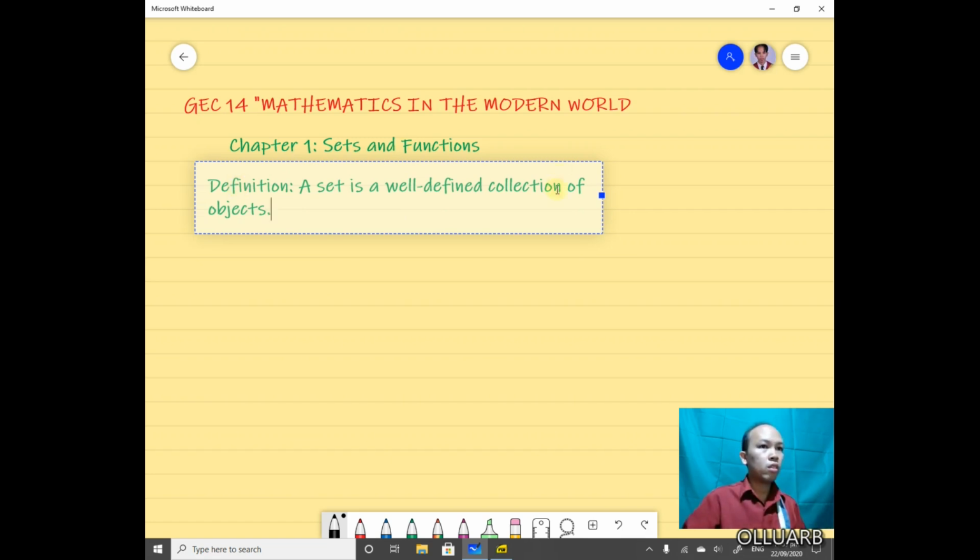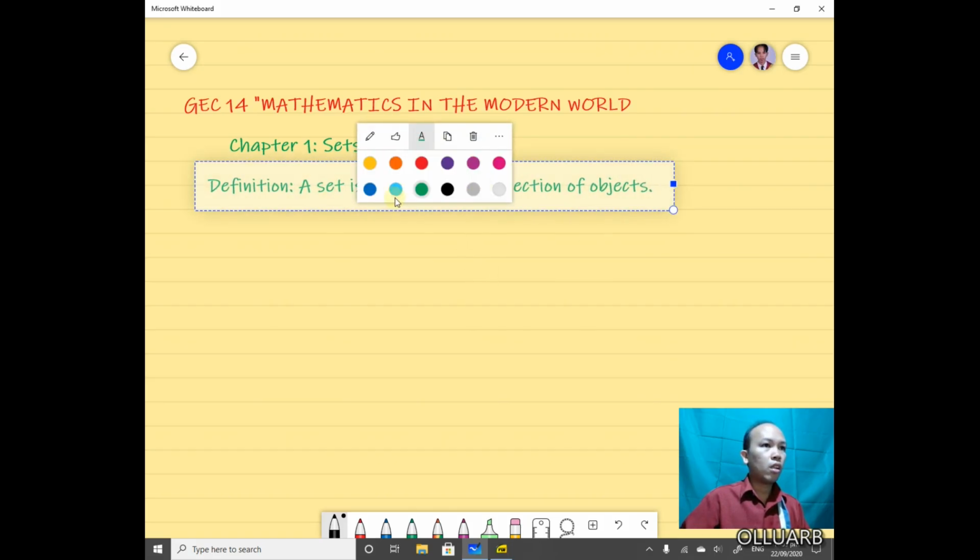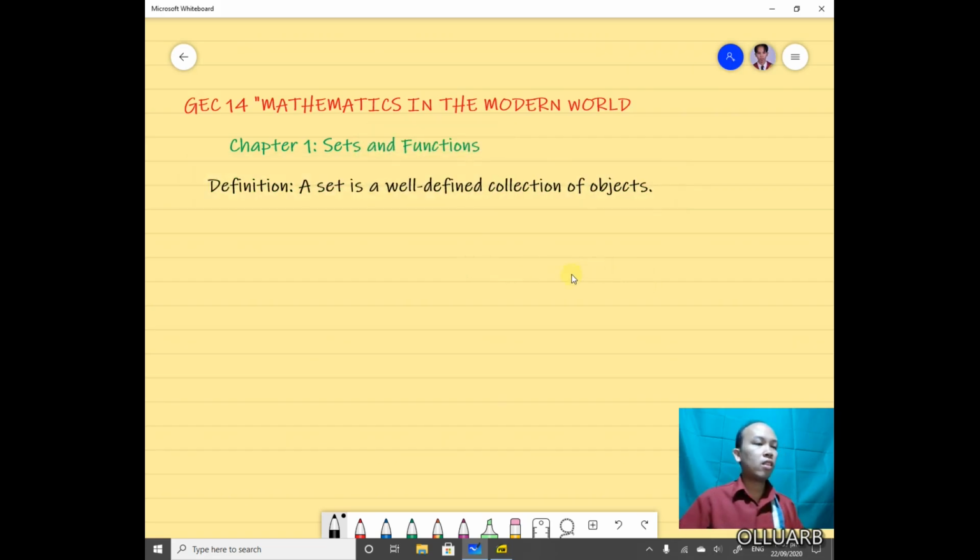So let's expand this a little more, and then let's have a color black. As you can see here, in our first definition, a set is a well-defined collection of objects. So what does this definition mean?